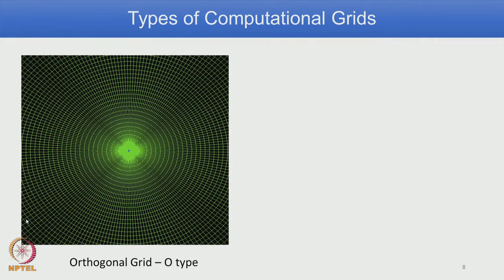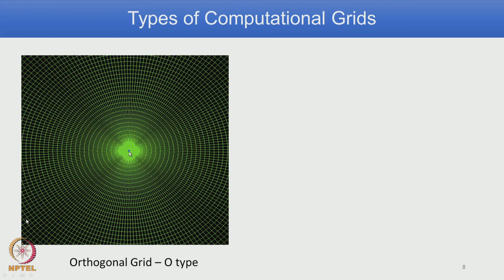This is another example. This is again a structured grid. As I mentioned at that time, depending on the final shape of the grid, you can call it a C grid or O grid, and here is an example for O grid.